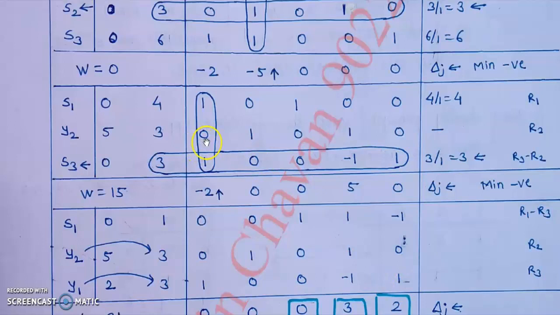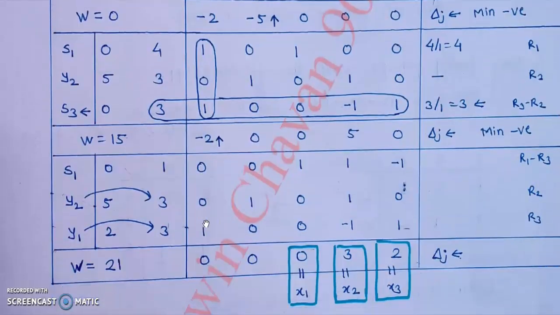Now we have to make the other elements in that column 0. The second row already contains 0, that's why the second row is also taken as it is. But the first row contains 1 at the place of the key column, that's why the operation will be R1 minus R3. So 4 minus 3 gives us 1 here, 1 minus 1 gives us 0 here, and all other elements accordingly. So the operation is R1 minus R3.